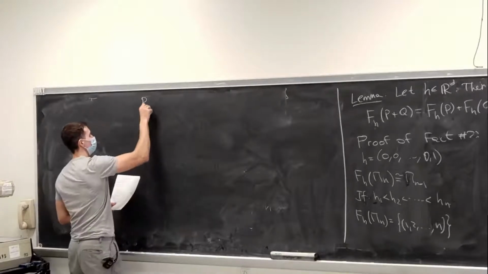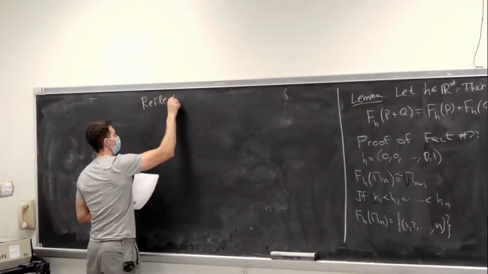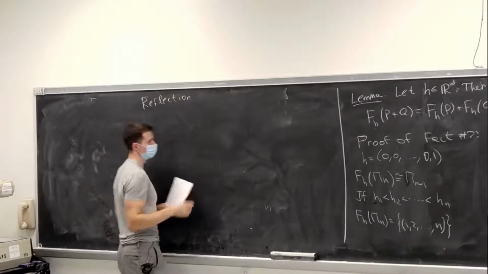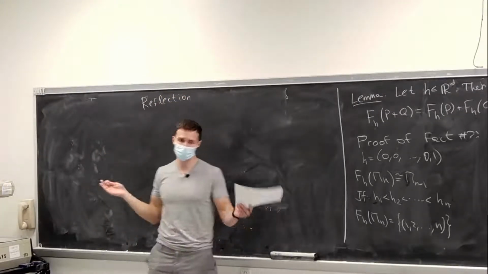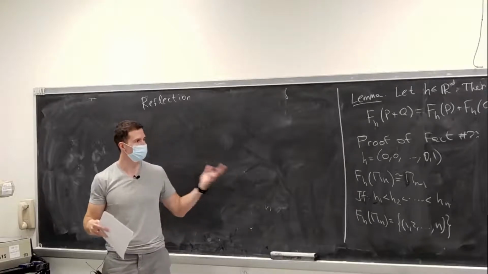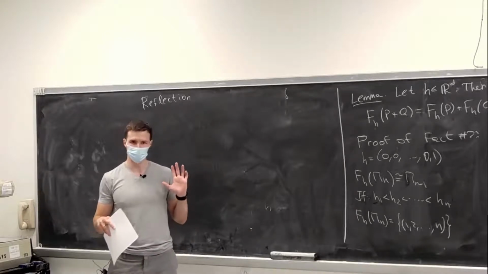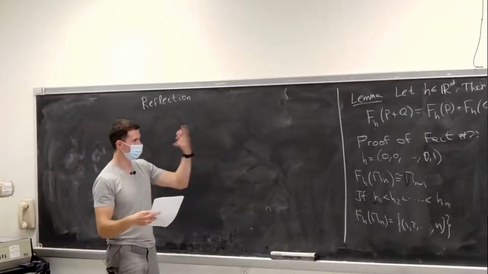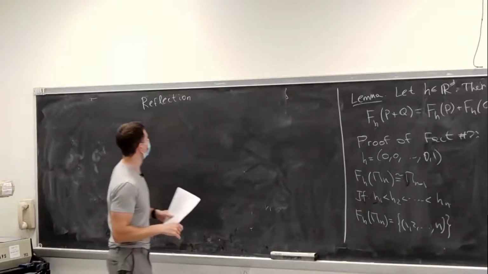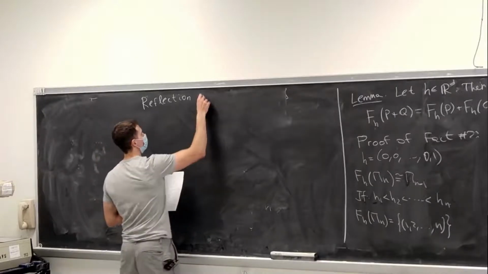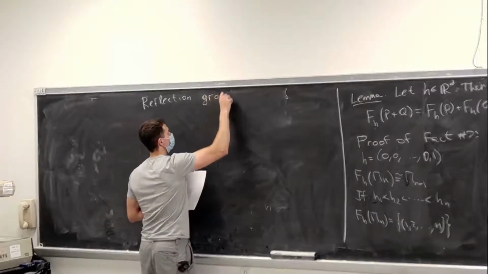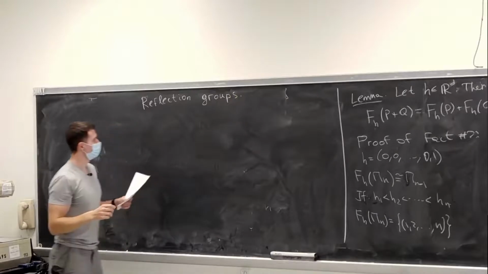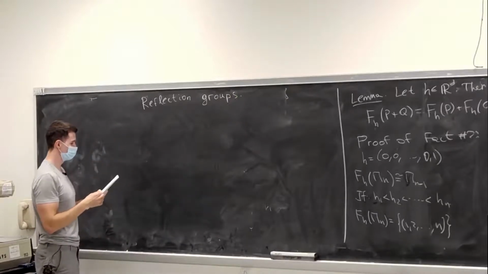That's not some sort of coincidence. A lot of nice facts from combinatorics can be generalized to root systems. It's usually a very fruitful idea to ask, if you have some fact, how does it generalize to root systems? And in particular, to motivate the notion of a root system, let me first introduce reflection groups.